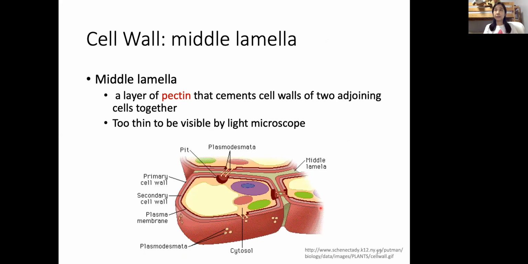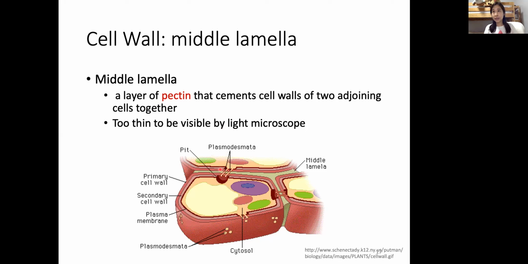So between the cells, plant cells need to stick together, and cell wall by cell wall can be cemented or glued with a substance called the middle lamella. This is a layer of pectin that acts like a glue, and this part of the plant is too thin to be visible by the light microscope.